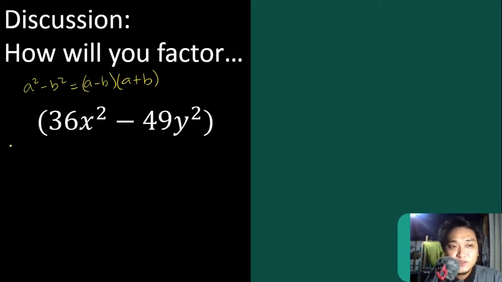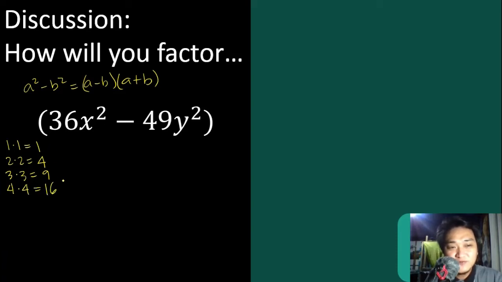So, first method is kailangan familiar tayo dun sa mga perfect square numbers. So, ano-ano ba yung mga perfect square numbers? So, let us try to recall. 1 times 1 is equivalent to 1. 2 times 2 is equivalent to 4, sorry po. 3 times 3 is equivalent to 9. 4 times 4 is equivalent to 16.